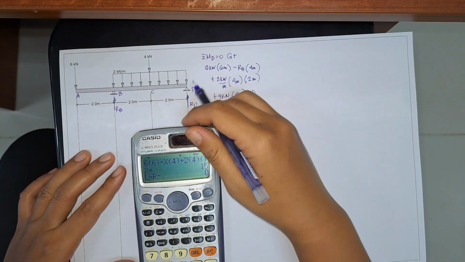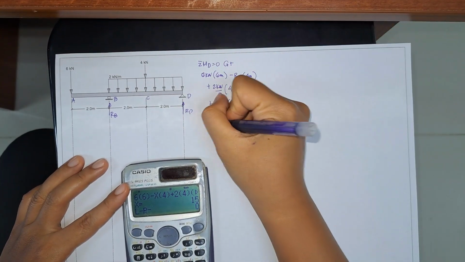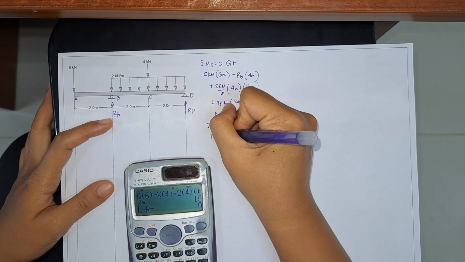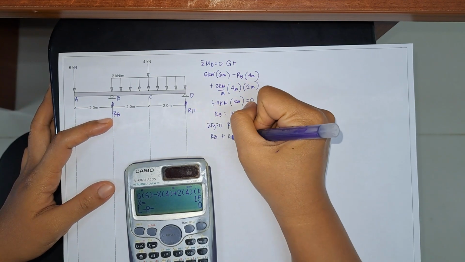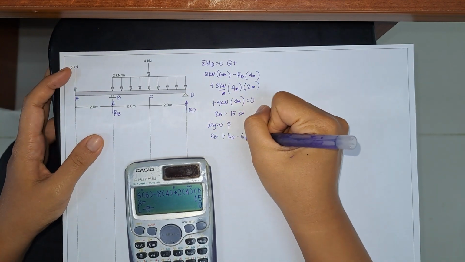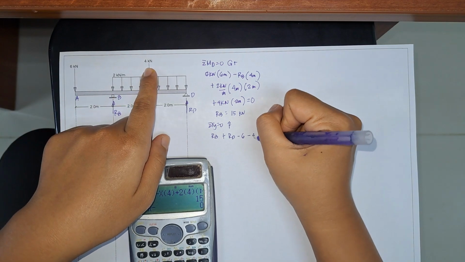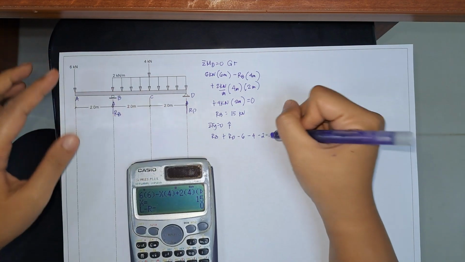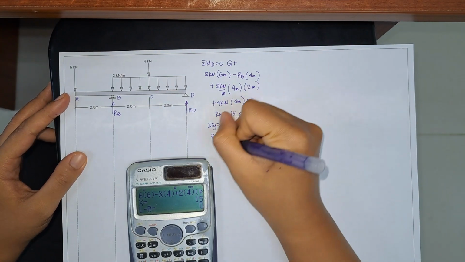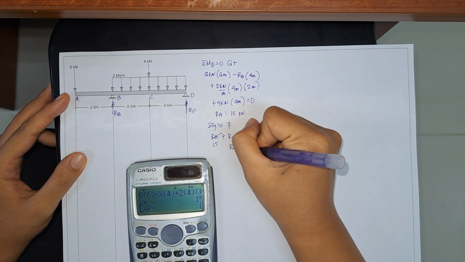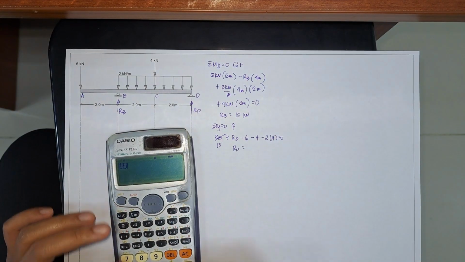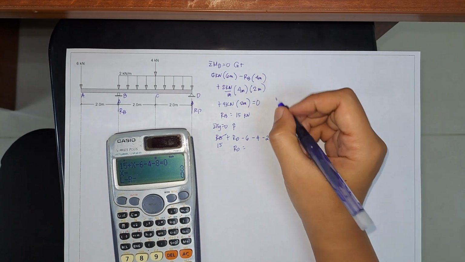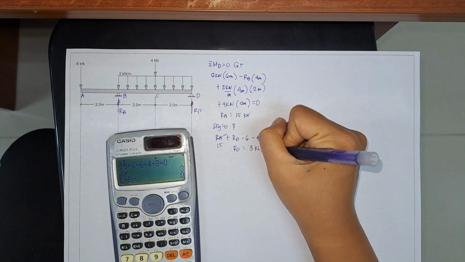Okay, so we have 15 kilonewton, and then by taking the summation of forces vertical is equal to 0, upward positive, we have RB plus RD minus 6 minus 4 minus 2 by 4, is equal to 0. RB is 15. Therefore, the reaction at D is equal to 4 minus 8. We have 3 kilonewton. Okay?